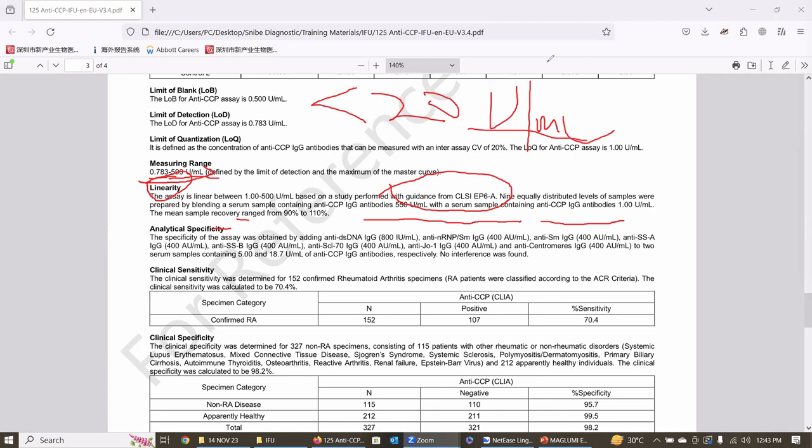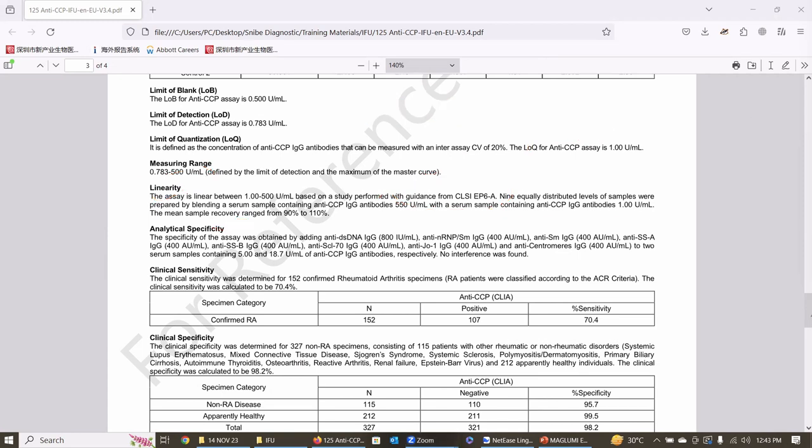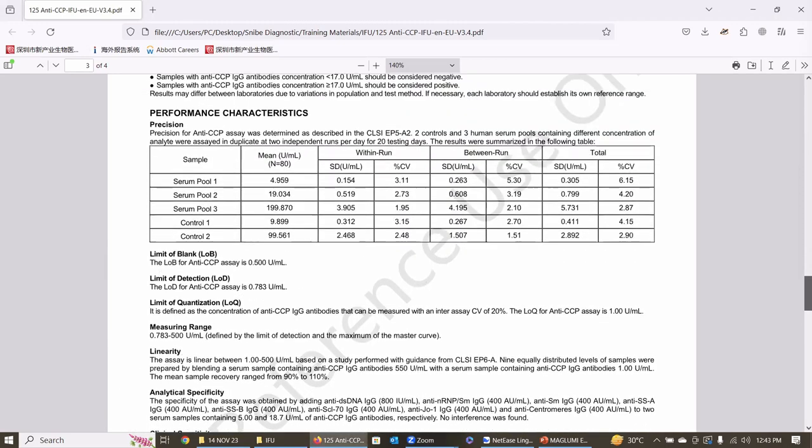So if we go to the package insert, let me check if they have defined the traceability here or not.